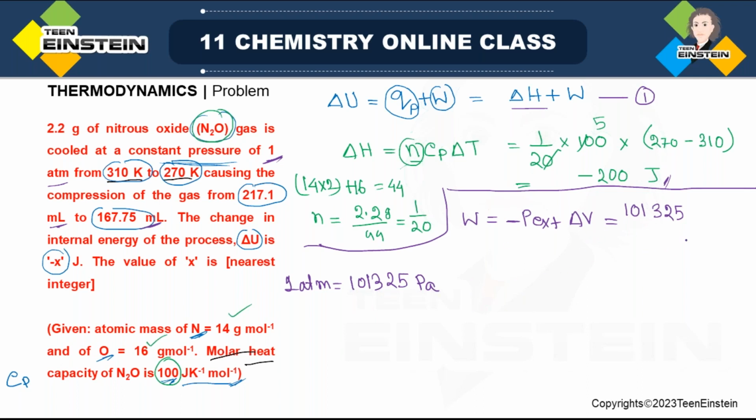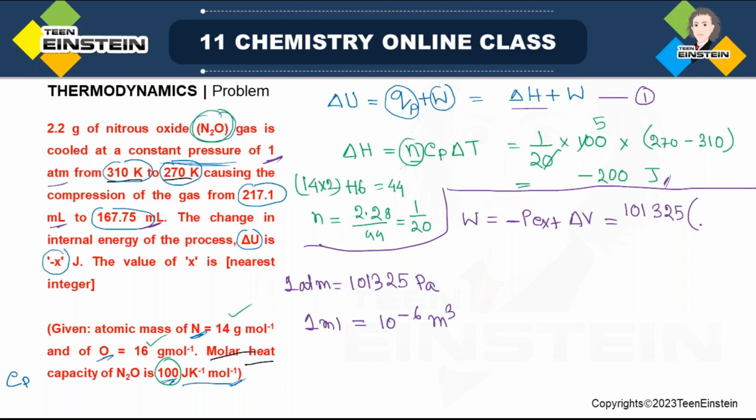Compression, it will be negative. So 101,325, that is the pressure. Now final volume is 167.7. So first write it in ml, but after all ml you have to change to meter cube. Now 1 ml, if you want to change to meter cube, it is basically 10 to the power minus 6.